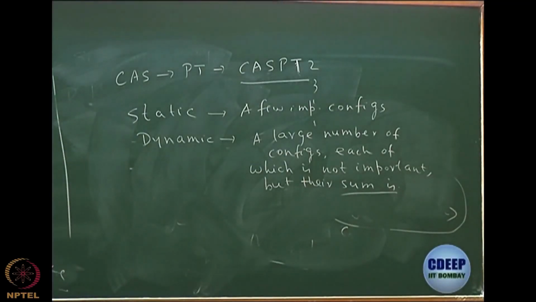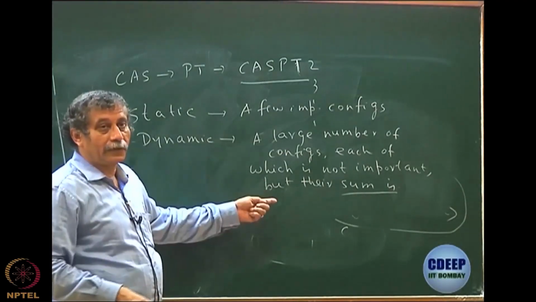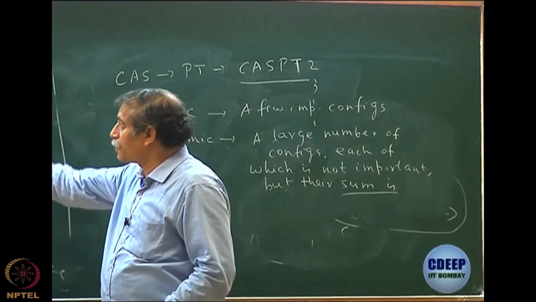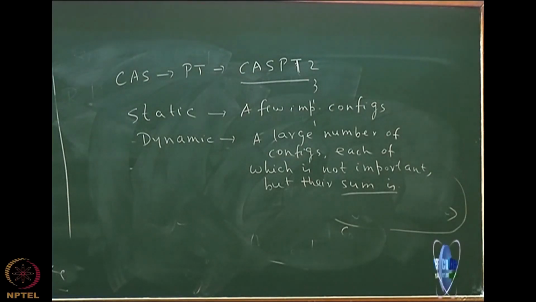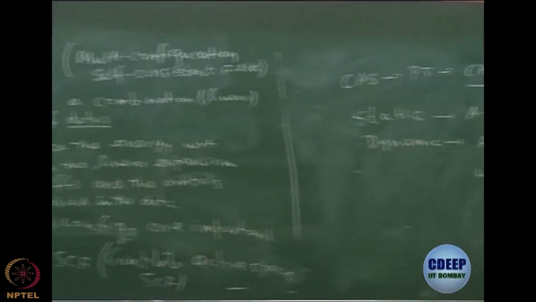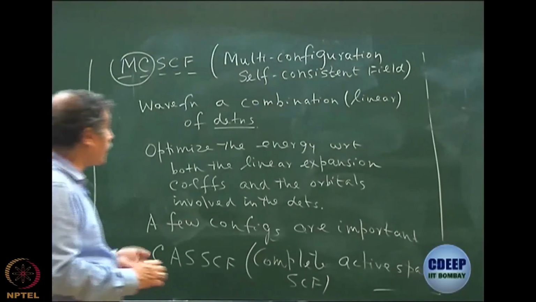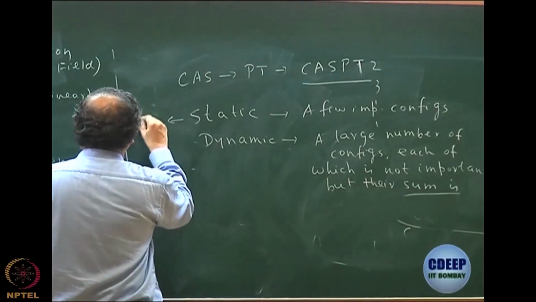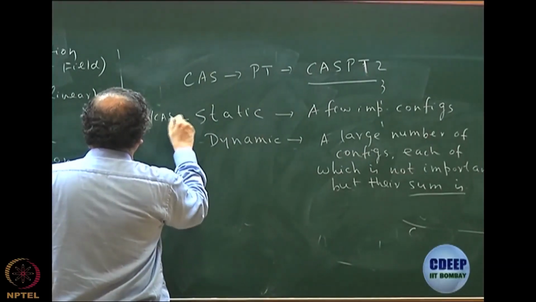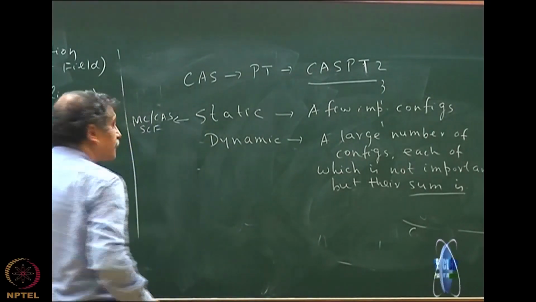So, this is what we have done so far. See, today what I am discussing right now, MCSCF, is really to take the static correlation. How do you take a small number of configurations? And there you have a choice not to optimize the orbitals or to optimize the orbitals, but MCSCF does both, orbitals as well as the coefficients. So, it is very good for static correlation. So, MCSCF or CAS SCF is very good for static correlation.